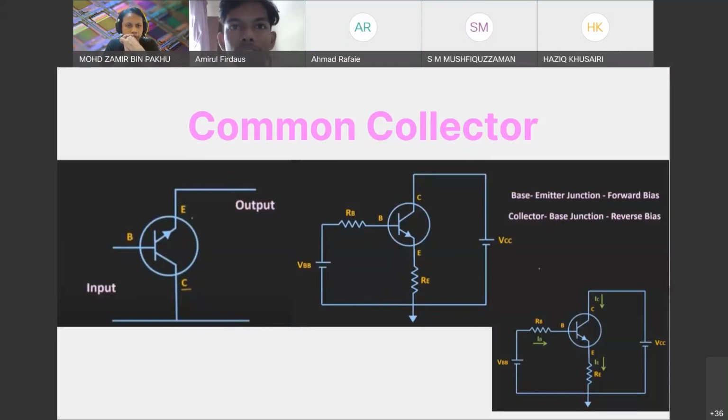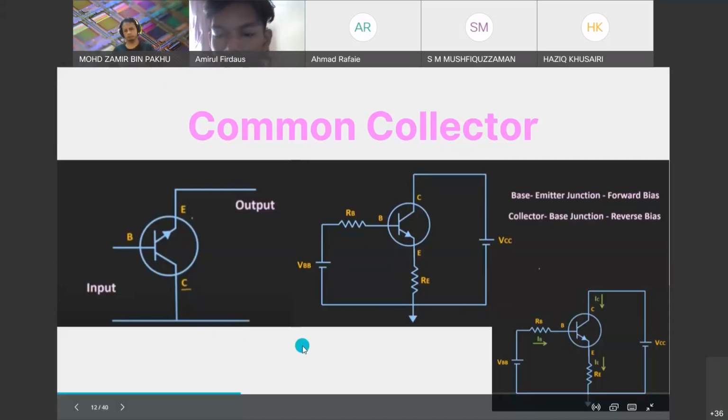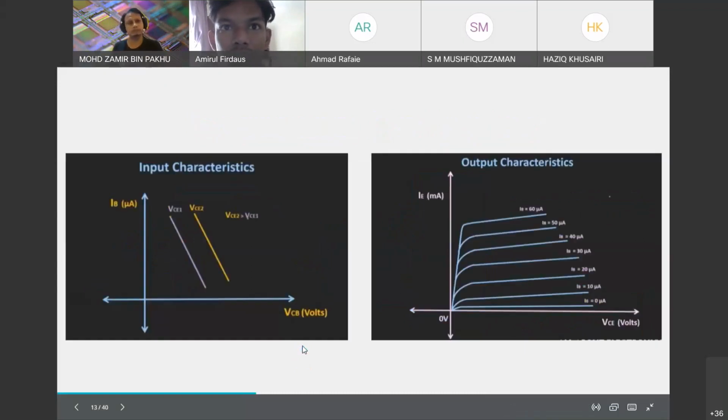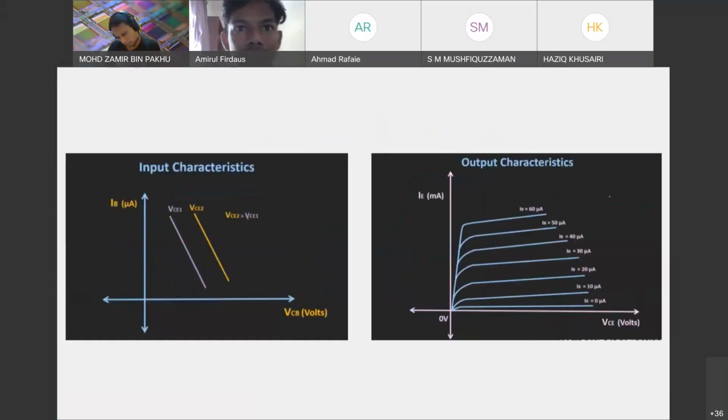Because the emitter voltage follows the base voltage, this configuration is most usually used as a buffer. It is widely used in impedance matching applications because of its high input impedance. So I want to talk about the output characteristic and the input characteristic.